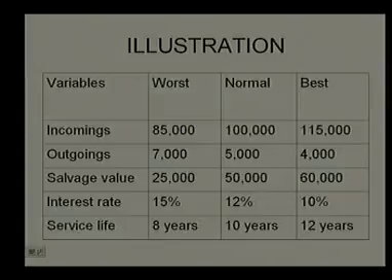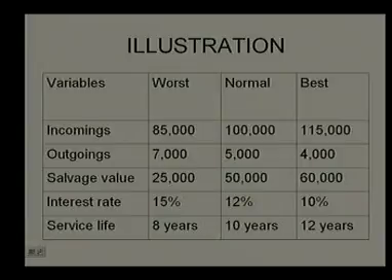If you see the normal column, the data is exactly repeated from the past problems. You can see the incomings at 100,000, outgoings 5,000. I am reading the normal column.